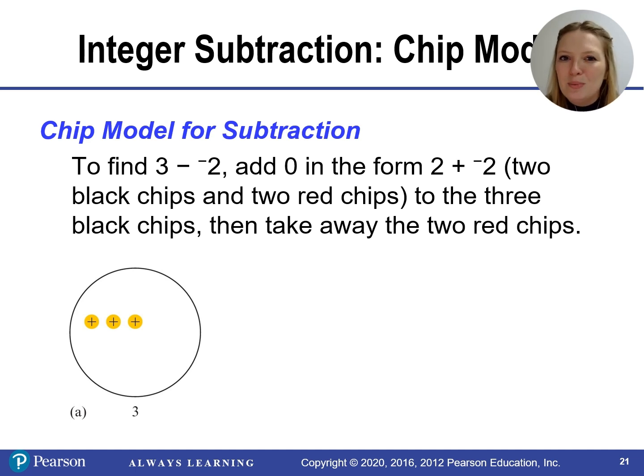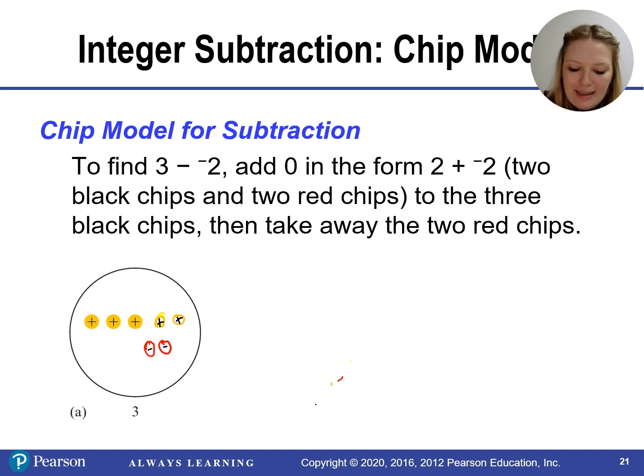So what I can do is add 2 negative chips and add 2 positive chips, so I've just added in 0 here because these 2 pairs are 0 pairs.